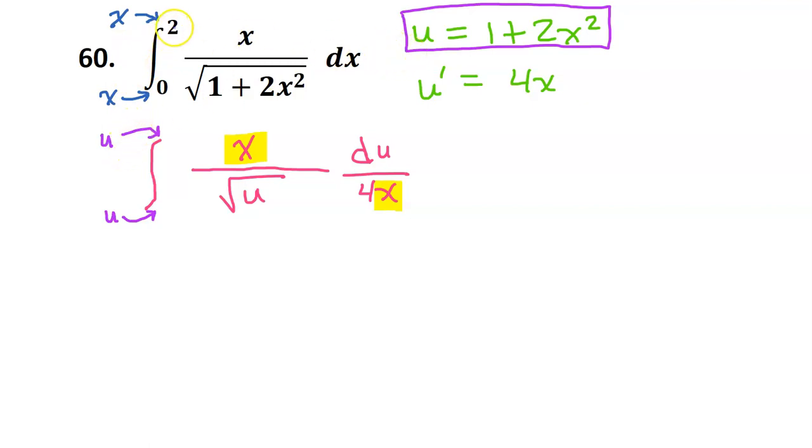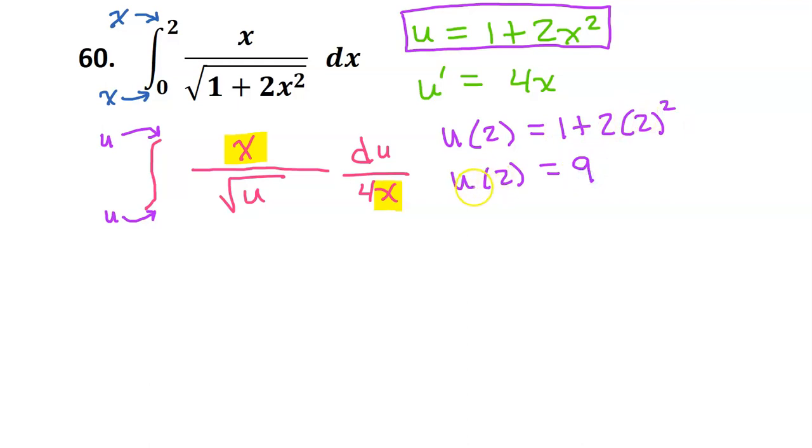So let's start with 2. Let's find u. I'll call it u at 2 will equal 1 plus 2 times 2 squared. So u at 2 is going to equal, well, 2 squared is 4. 2 times 4 is 8, plus 1 is 9.